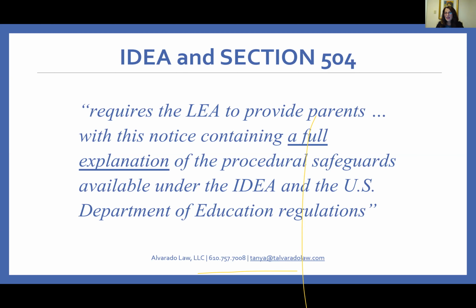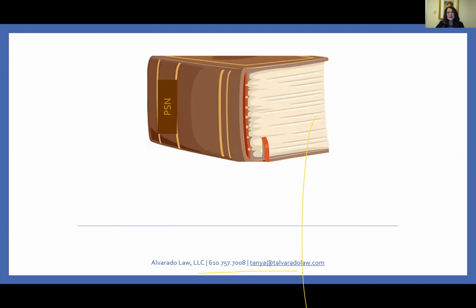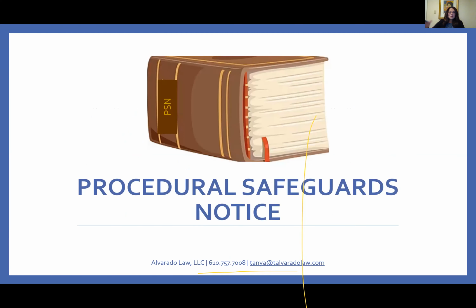And so what happens when you go to these meetings when the district is required to provide you the procedural safeguards notice? I was trying to find a way to have this book slammed down in the middle of the screen, because that's exactly what it feels like. You get a document. It's about 20 to 30 pages long. Sometimes it's double-sided. It's in small print, and it is just overwhelming. And what do you do?